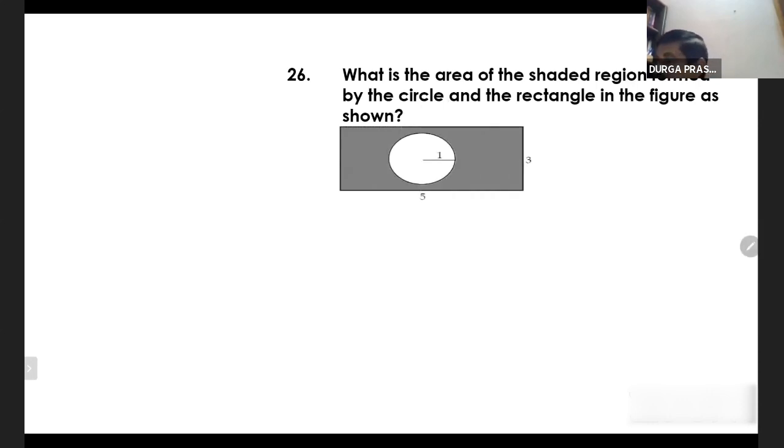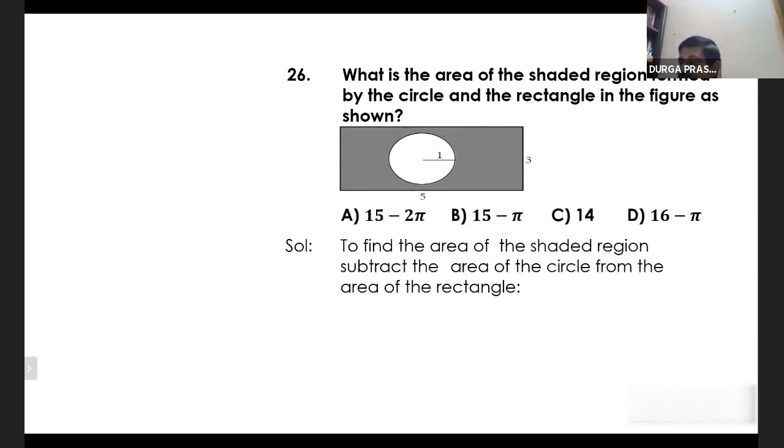What is the area of the shaded region formed by the circle and the rectangle in the figure as shown? See, this is very simple. Area of rectangle minus area of circle. The radius of the circle, he gave as 1. The length and breadth are 5 and 3. So the area of the rectangle is 5 into 3, 15.